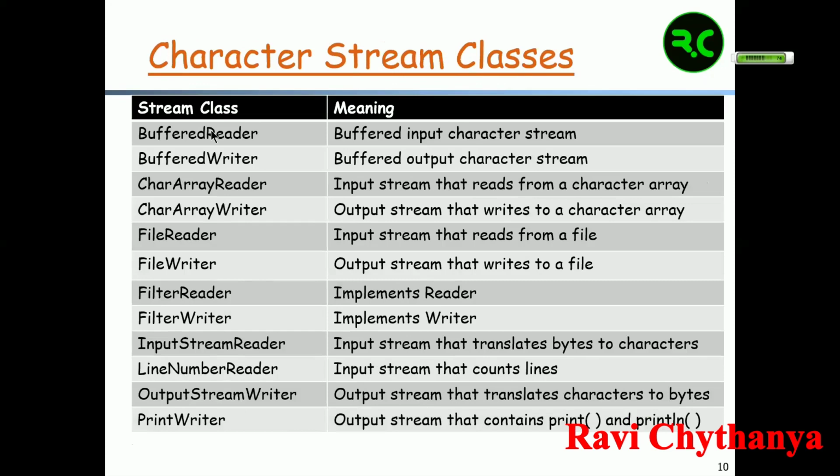So buffered reader, buffered input character stream, and buffered writer, buffered output character stream. Look here, buffered is common: input stream for byte streams, and reader for character streams. Char array reader, char array writer, file reader, file writer, filter writer, input stream reader, line number reader, output stream writer, and print writer. So like this, we are going to have the character stream classes.